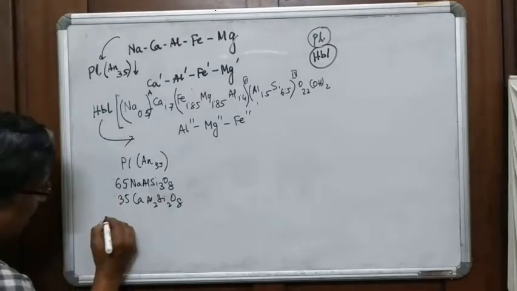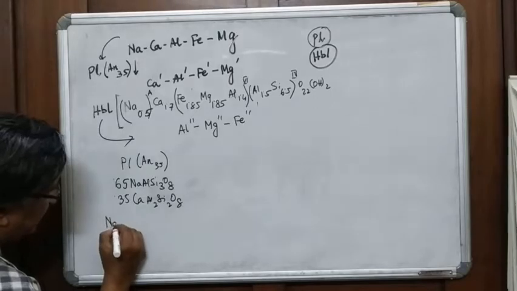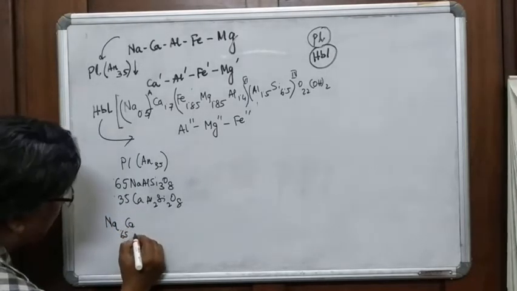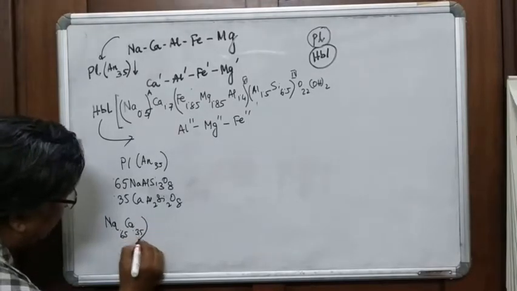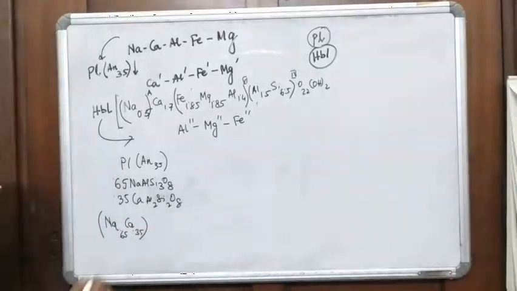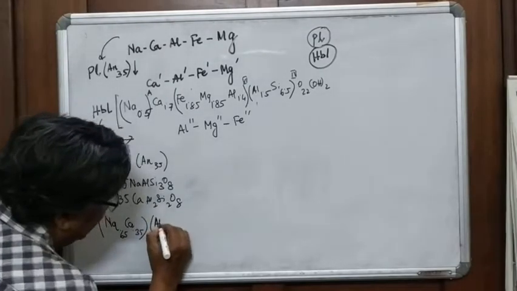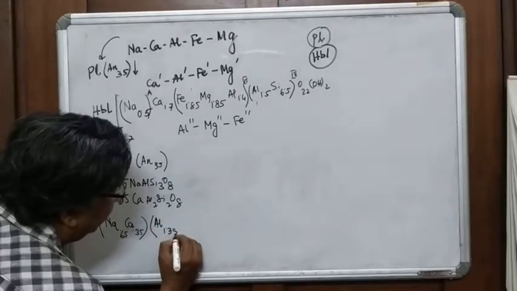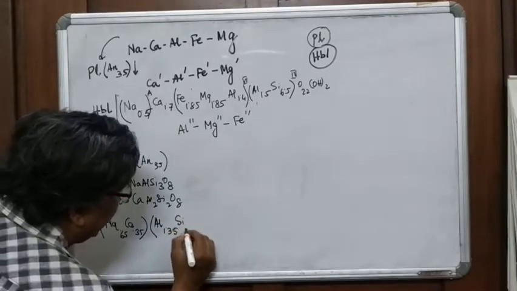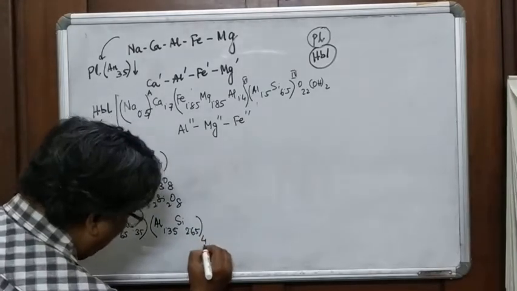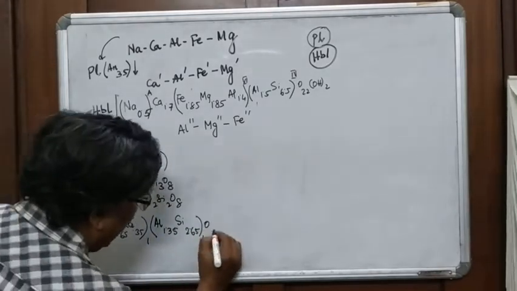So the total now comes to, if I take this, Na 0.65, Ca 0.35. Okay? Then you have aluminium. I will give you the value. I calculated it. You can check it out. Aluminium comes to 1.35 and therefore silicon comes to 2.65. The total is 4 here, the total is 5 here, and 0.8.